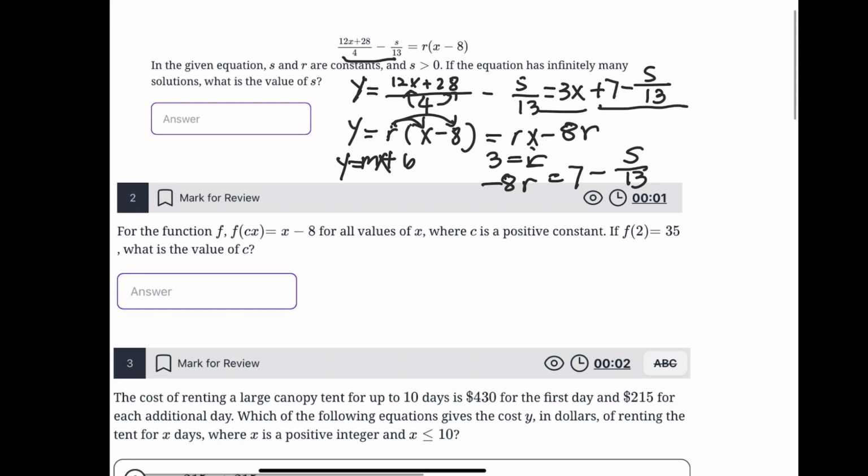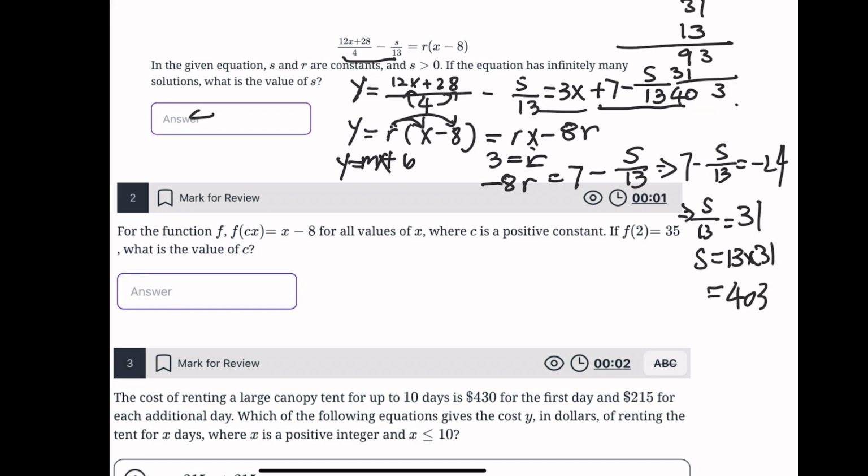If we plug in r is equal to 3, we get 7 minus s over 13 is equal to negative 24. So we get s over 13 is equal to 31. And so s is equal to 13 times 31, which is equal to 403.